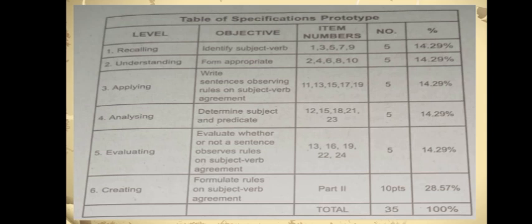So, kani siya. Ang imuhang level, which is the recalling or remembering, then understanding, applying, analyzing, evaluating, creating. Sa imuhang recalling or remembering, ang imong objective dito is identify subject verb. Then sa understanding is to form appropriate words for that certain sentences. Then applying, sa applying, imong objective is to write sentences observing rules on subject verb agreement.